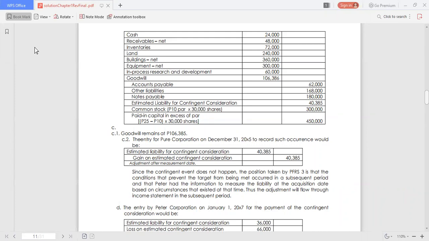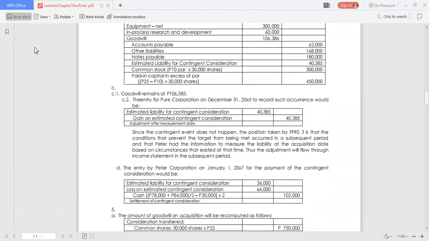In letter D, assume that instead of a contingent payment of 120,000 cash, an additional cash payment should be made on January 1, 20x7, equal to twice the amount by which average annual earnings of Saint Corporation exceed 30,000 per year prior to January 1, 20x7. Net income was 78,000 in 20x5 and 84,000 in 20x6. What is the entry to record the payment of the contingent consideration?